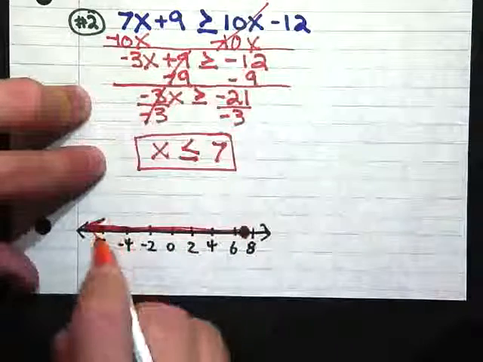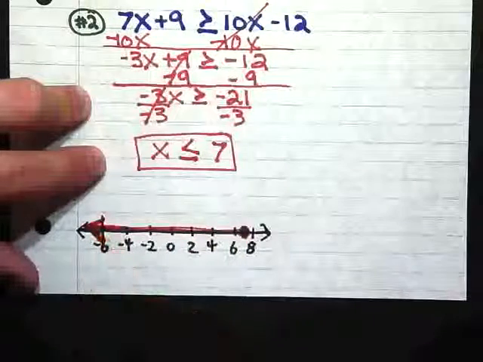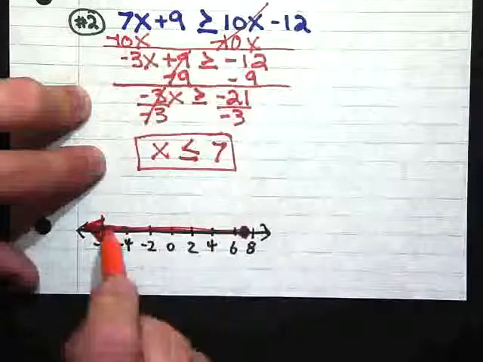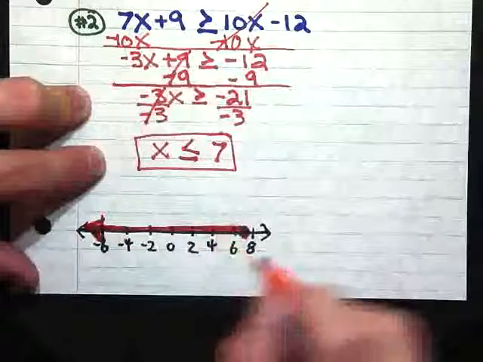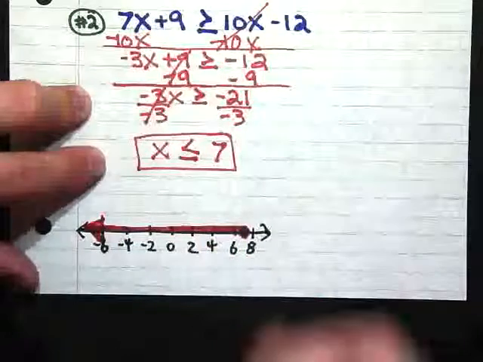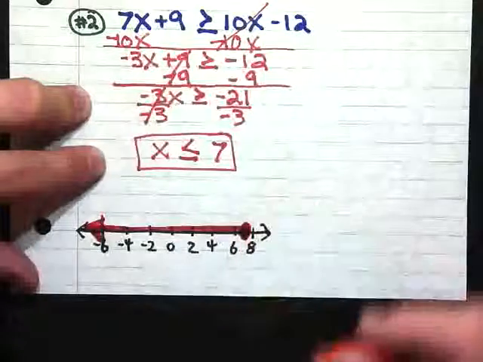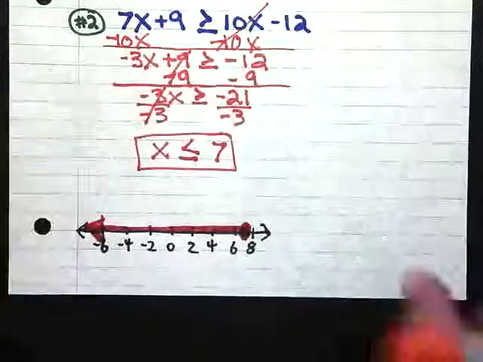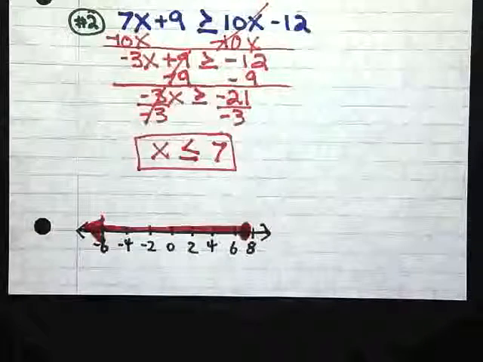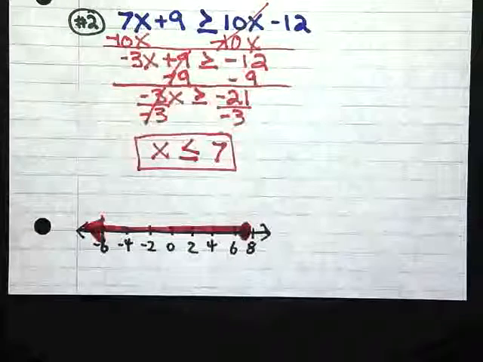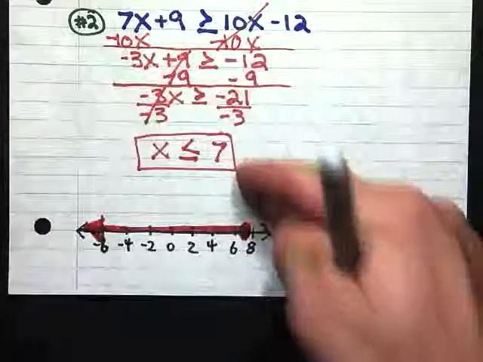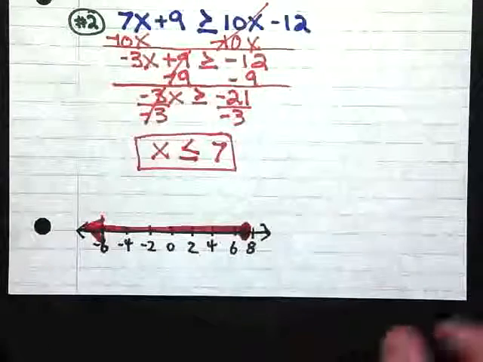So we draw our arrow, and we have our solution. Let me color this in a little bit more so you can see it there. All right, and there's my closed circle. And we have both parts for this inequality: we have our solution and we have the graph of the solution.